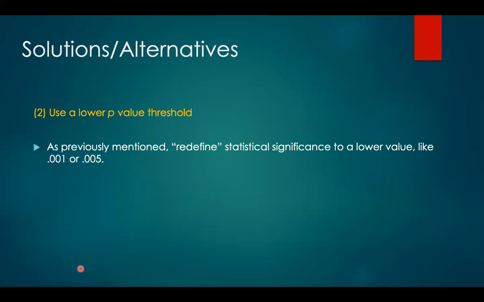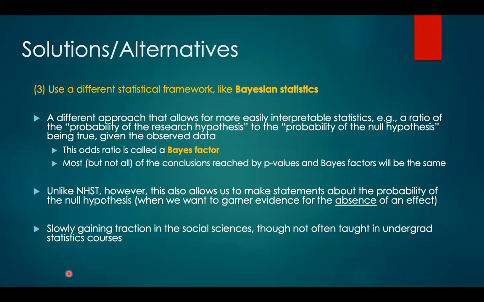So another solution would be to use a lower p-value threshold. As we previously mentioned, people want to redefine statistical significance to a lower value, like 0.001 or 0.005. Now, the most extreme alternative would be to use a different statistical framework entirely, like Bayesian statistics.